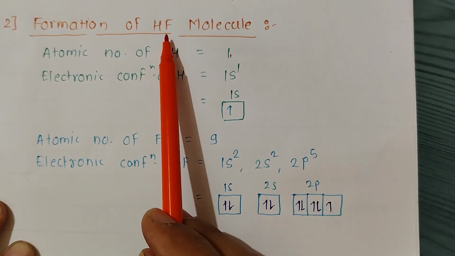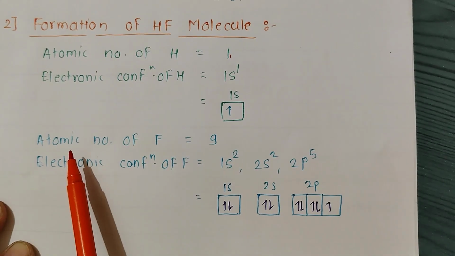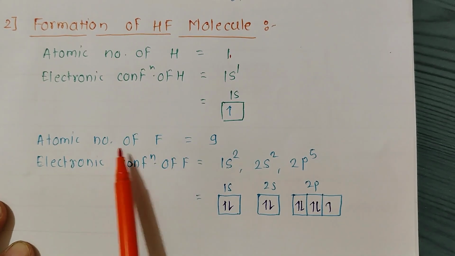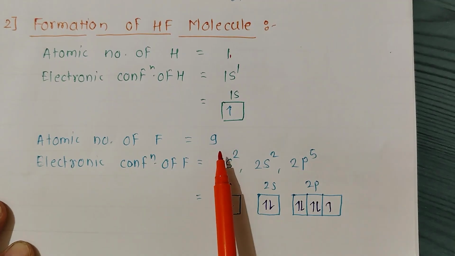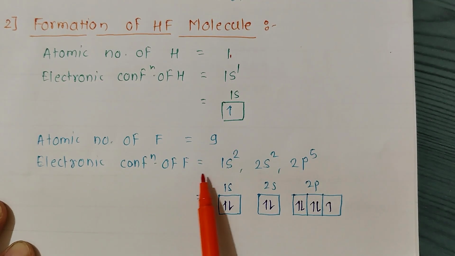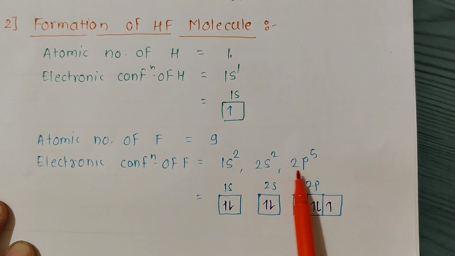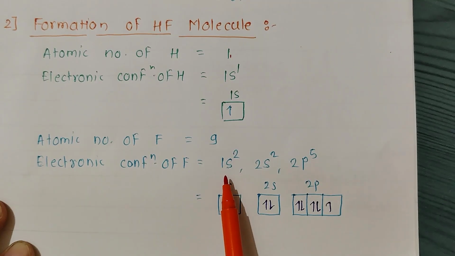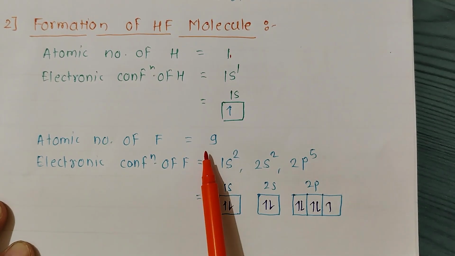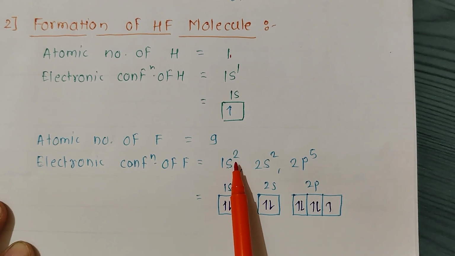Another atom involved in the formation of HF is fluorine. Now the atomic number of fluorine is 9. So the electronic configuration of fluorine is 1s2, 2s2, 2p5. How do we write this? The atomic number of fluorine is 9, means 9 electrons are present in fluorine. How do we fill these electrons?